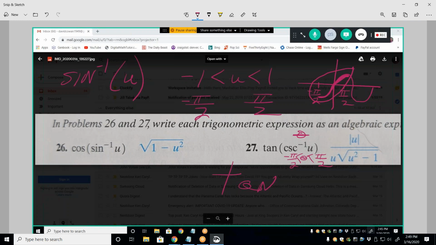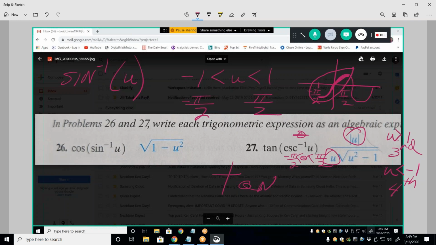Okay. It's going to be positive when, in other words, u is going to be greater than 1 when it's in the first quadrant, and u is going to be less than negative 1 when it's in the fourth quadrant. And this combination is going to match that.